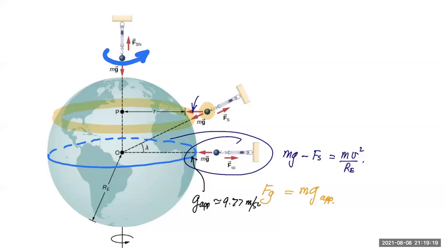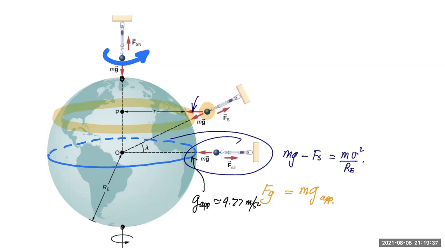Whereas if you are at the two poles, you don't have that problem due to the rotation of the Earth. You're not doing circular motion, or you could say you're doing a circular motion of radius 0. So in this case, Fs is really equal to mg.